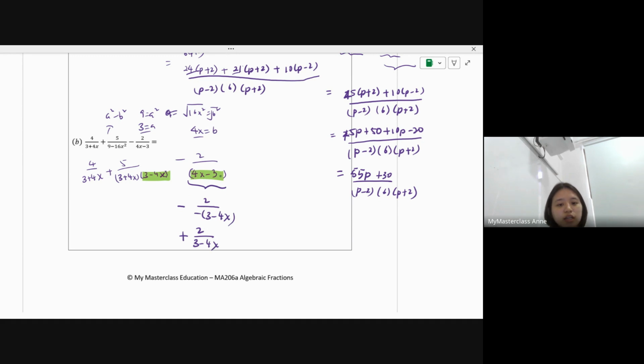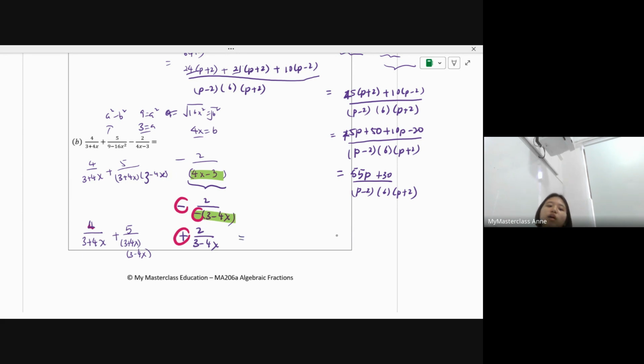You can see the idea: this changes into this, and negative becomes positive. So eventually I get it here. I just copy down the rest, plus 2 over 3 minus 4x.